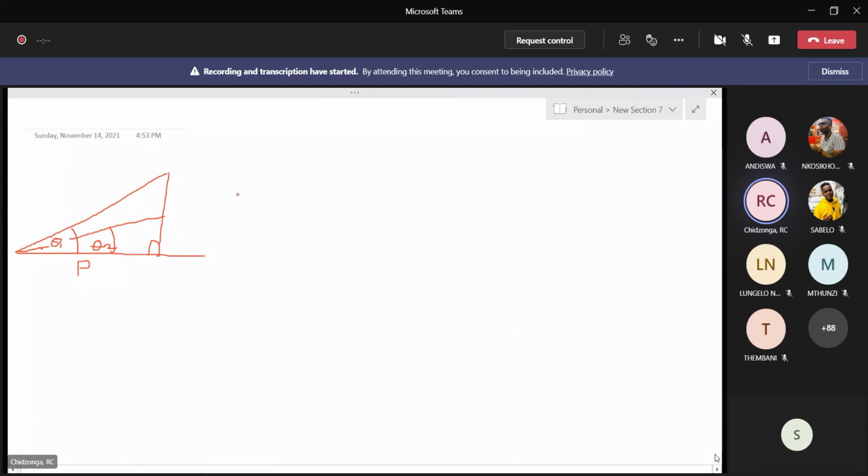Then we can say that omega C V squared is equal to P in brackets cos θ1 minus cos θ2 in brackets.